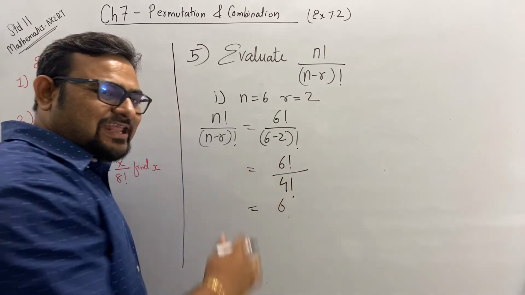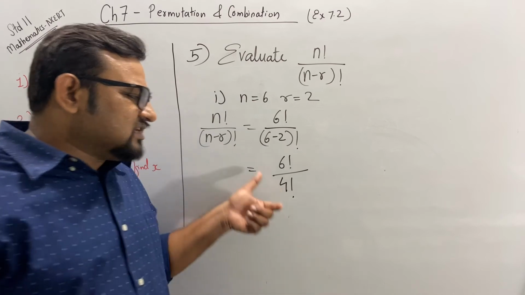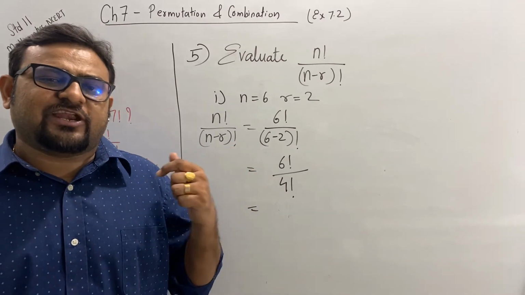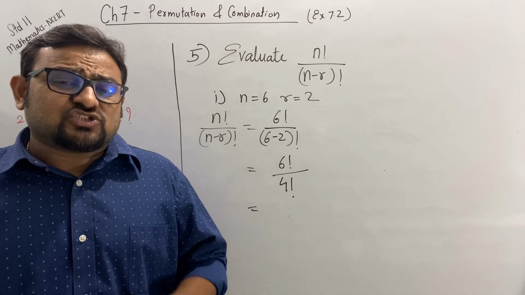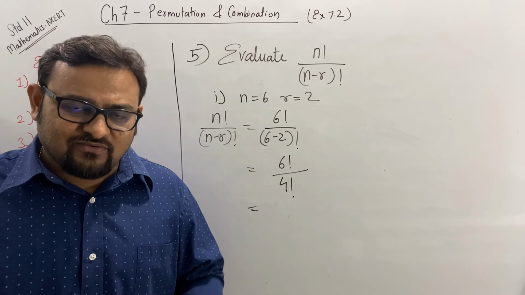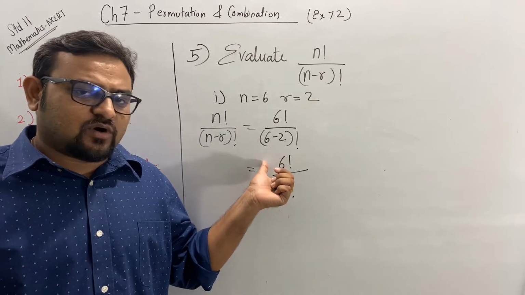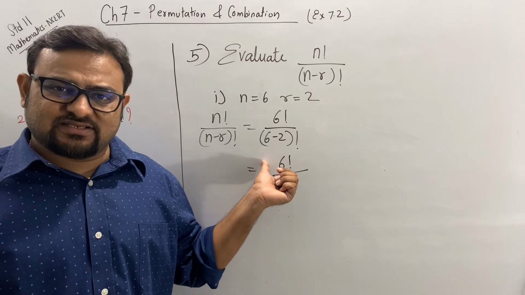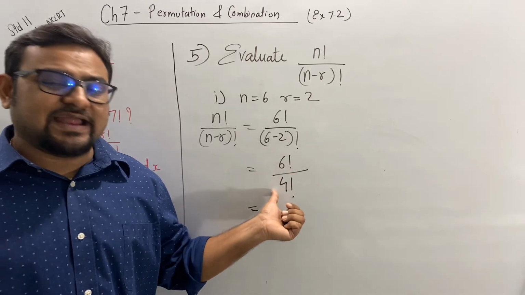So this will be equal to 6 factorial. Let's reduce it. Whenever you get such type of fractions, with a factorial in the numerator and a factorial in the denominator, try to reduce the greater one. Here 6 is the greater one and 4 is the lesser one. So I'll reduce 6 so that I can get 4.